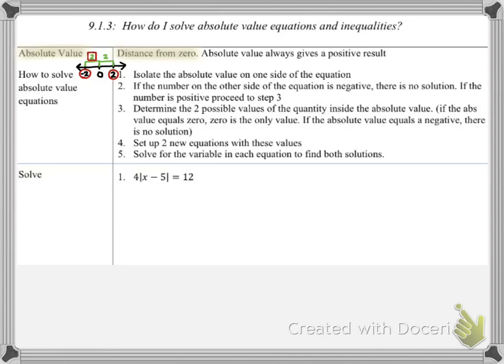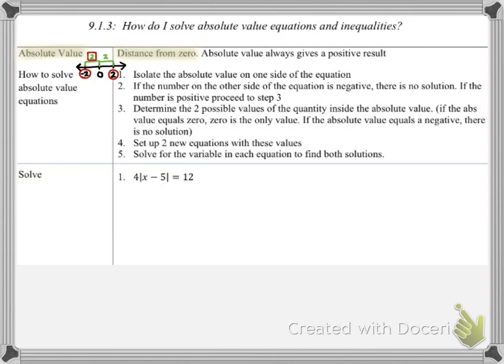So distance is never, ever negative. That's important to note as we solve these, and we'll keep in mind the idea of multiple things being a distance away from 0.